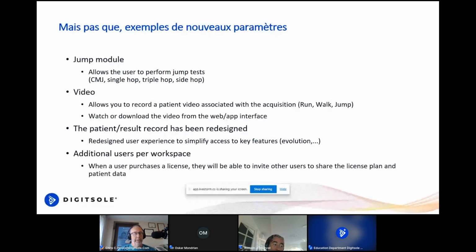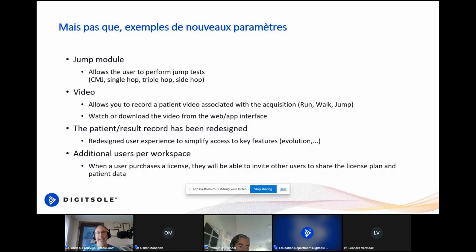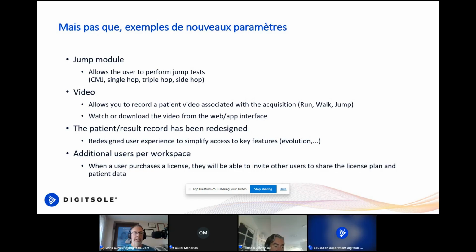We've got some additions to the walk and the run. We'll see the jump module, which allows us to perform 4 different tests, and we'll talk a little bit more in detail. We've also added the video component. It's simple, but it's a visual aspect that has been a great tool in presenting this to the patients. Now they really get to see themselves.